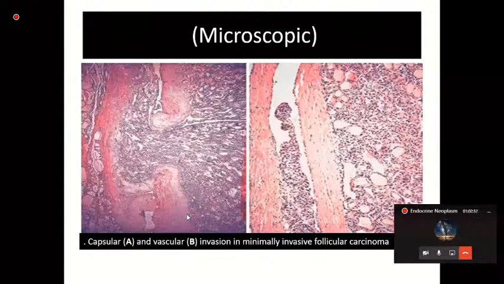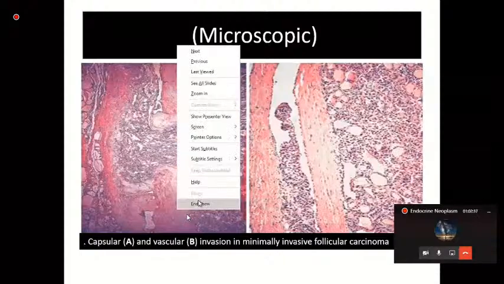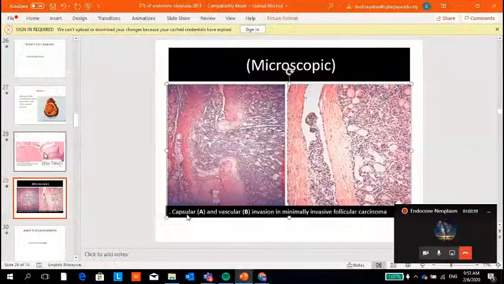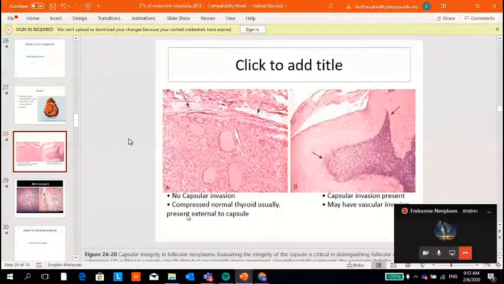Minimally invasive means, like the previous picture, remember this one we indicate the minimal invasion, a small part of the capsule is invaded.